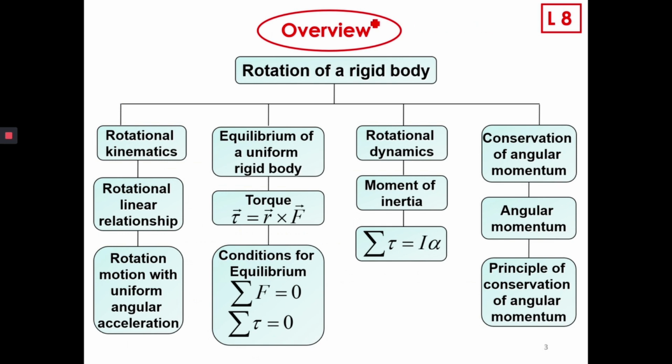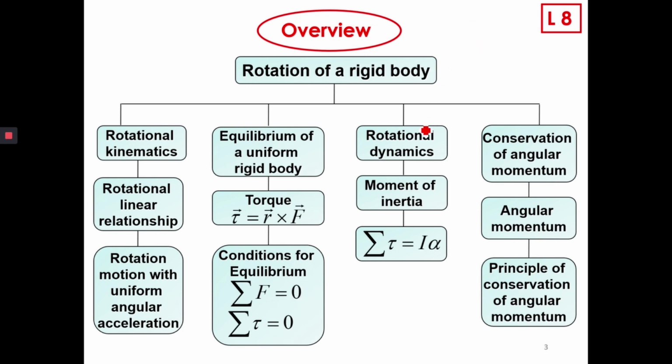Okay, overview, what are we going to learn in chapter 8? The first one is under rotational kinematics, where we relate linear motion and rotation with uniform angular acceleration. Next, equilibrium of a uniform rigid body. We're going to learn about torque, where torque equals r cross F, and the conditions for equilibrium: the total of F equals 0 and the total of torque equals 0.